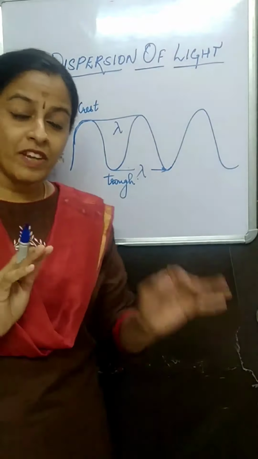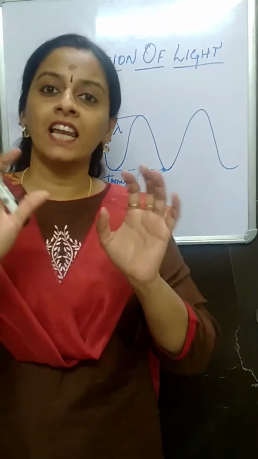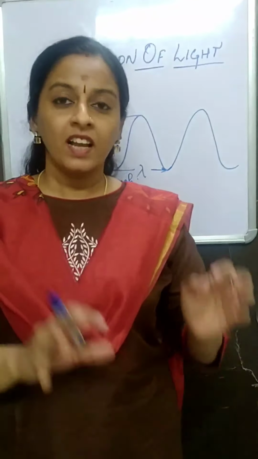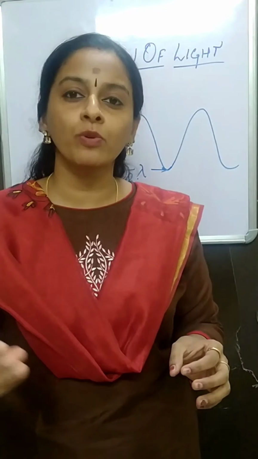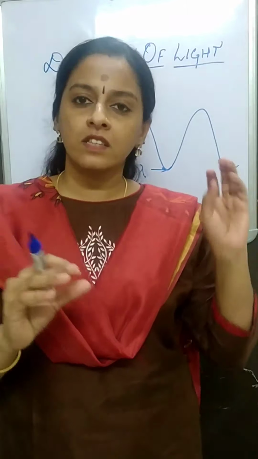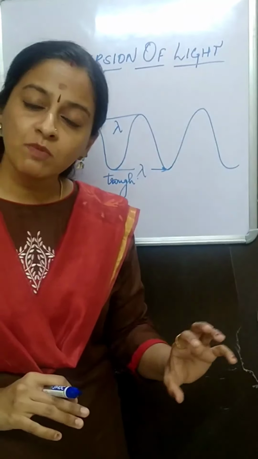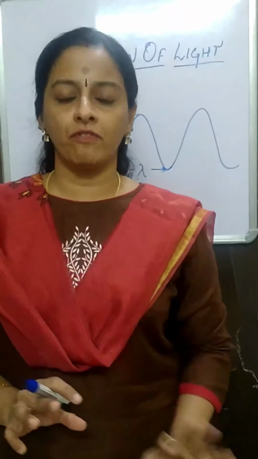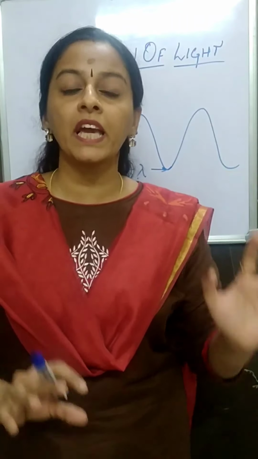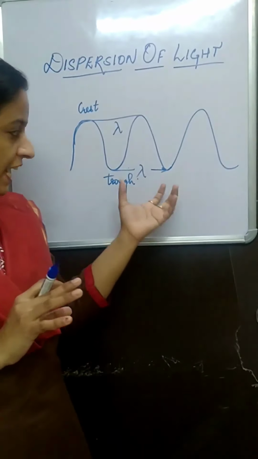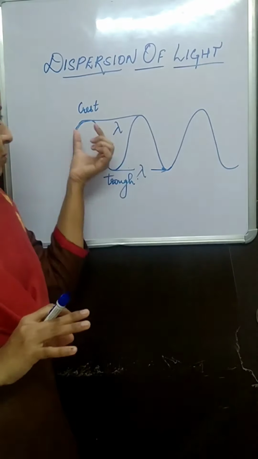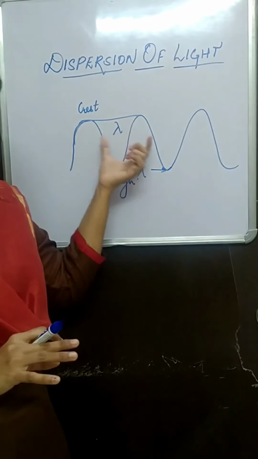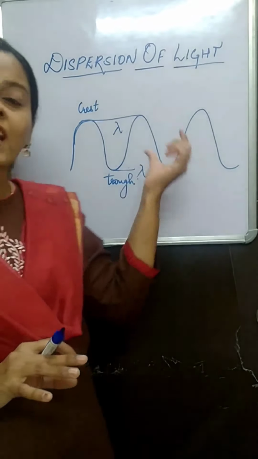So we can compare light with sound. Like every note of sound has different frequency, same way light is made up of electromagnetic waves. So waves means there will be a crest part and a trough part. The distance between any two consecutive crests is called wavelength or lambda.